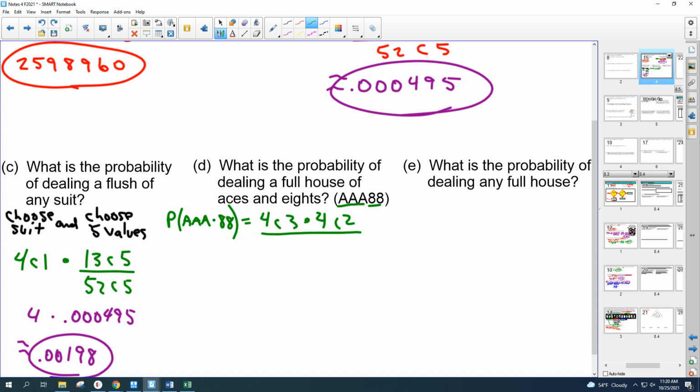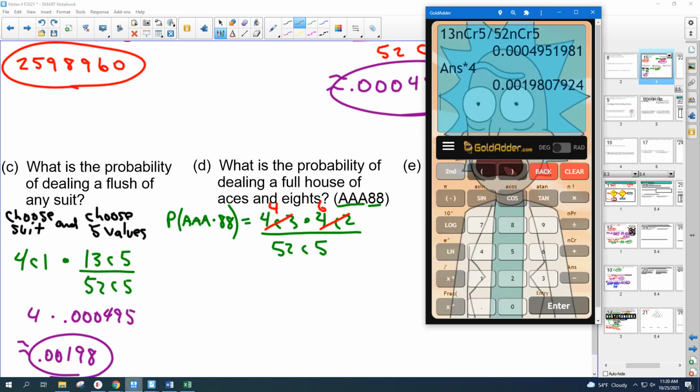So on the bottom, it's your total, and there's your number again, 52 choose 5. I want 5 cards out of the total of 52 cards. 4 choose 3 times 4 choose 2 over 52 choose 5. Now you might know 4 choose 3 is 4 and 4 choose 2 is 6.